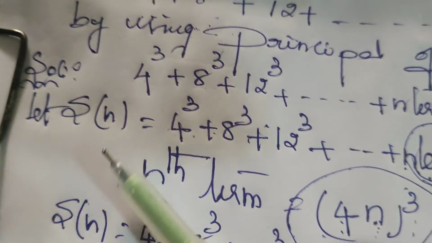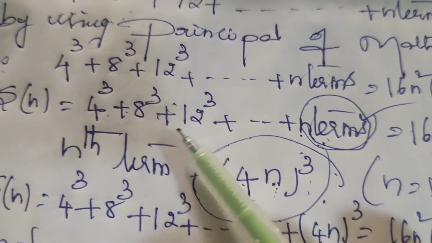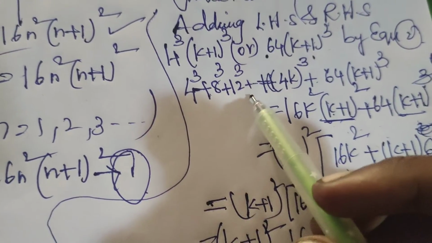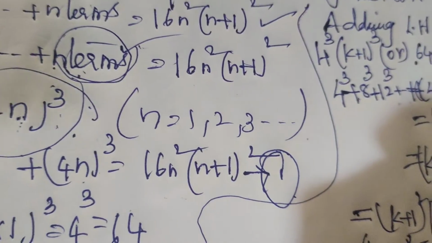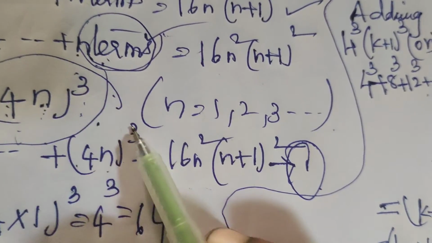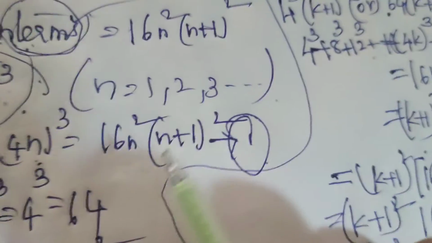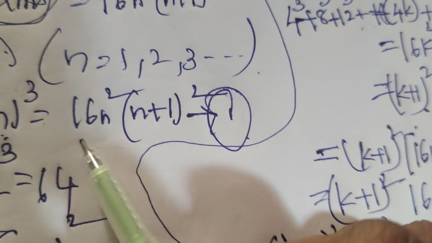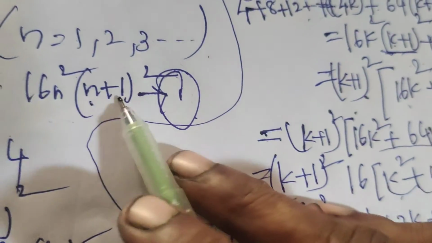That is, suppose we substitute k plus 1 in place of n: S of k plus 1 equals, LHS means 4 cube plus 8 cube plus 12 cube plus so on plus 4k whole cube plus 4 cube into k plus 1 whole cube, equals, verifying the RHS, 16 into k plus 1 whole square, and in place of n, k plus 1 plus 1 whole square.